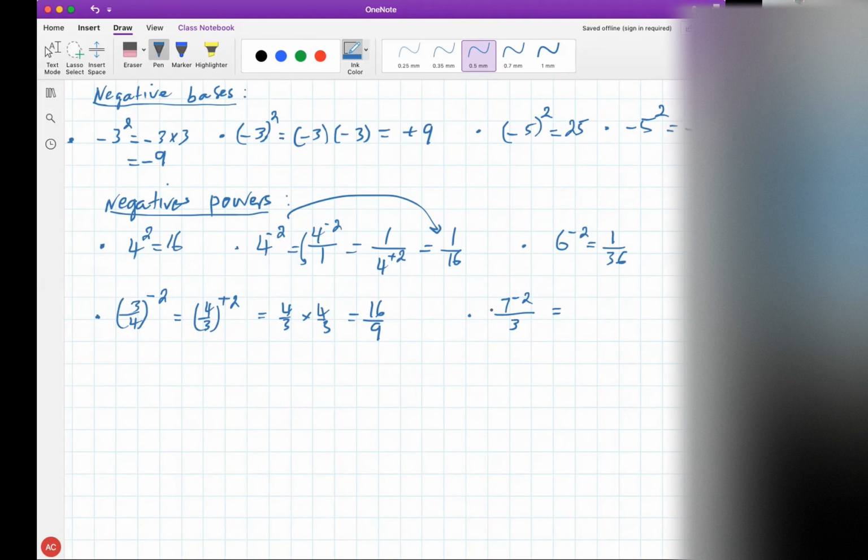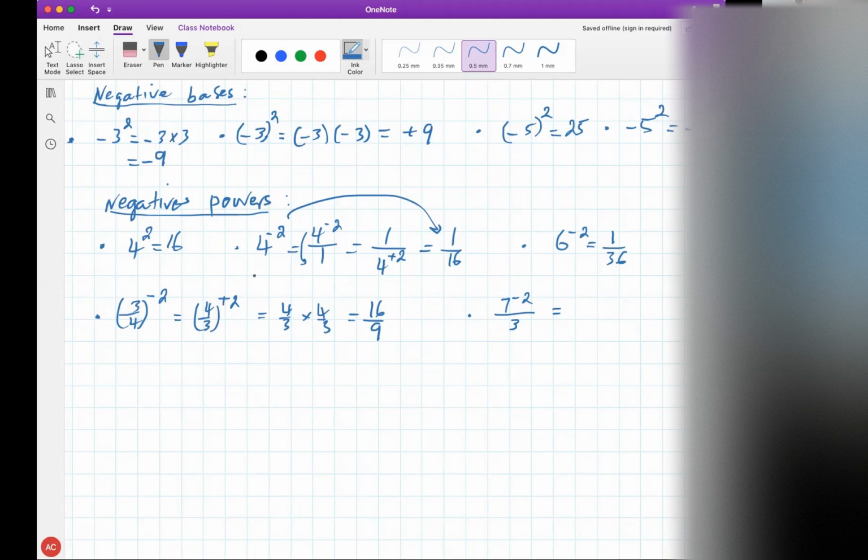The base is 7, not the 3, because we don't have parentheses. So the base of this power is 7.